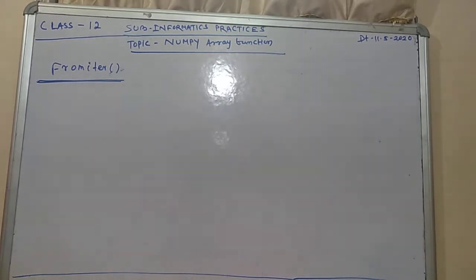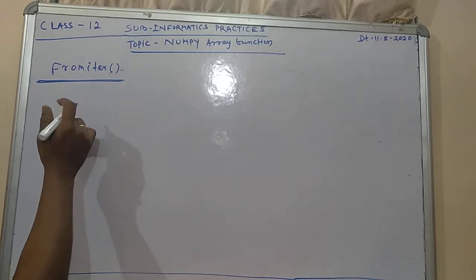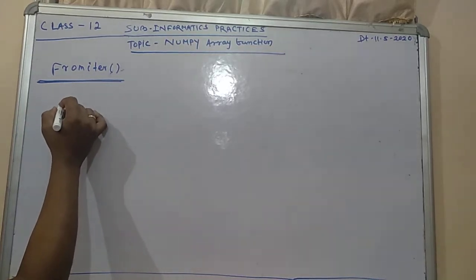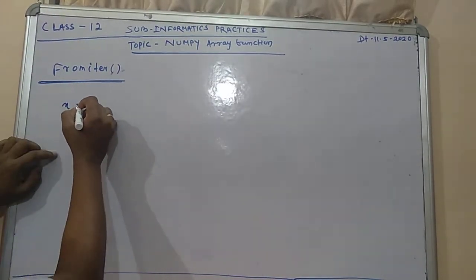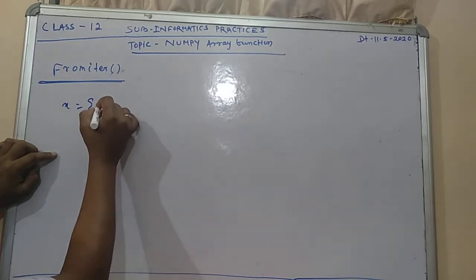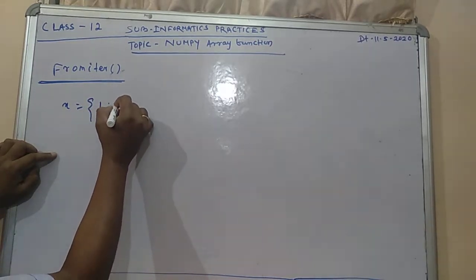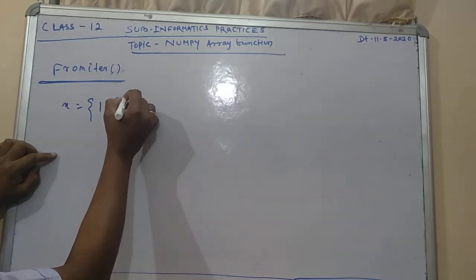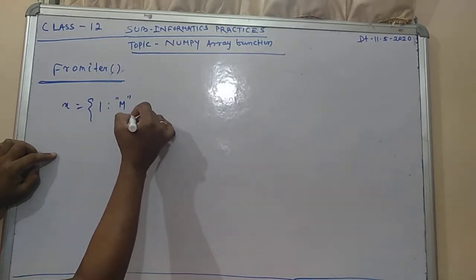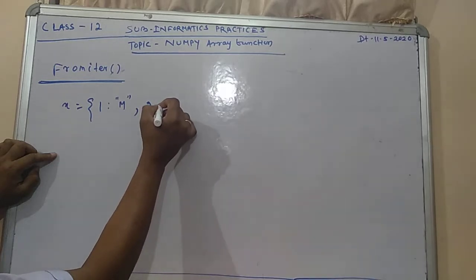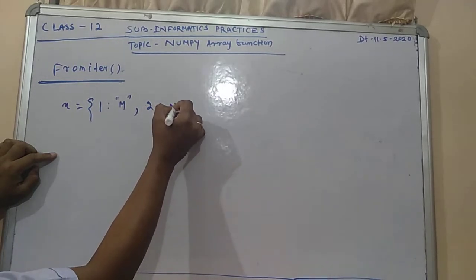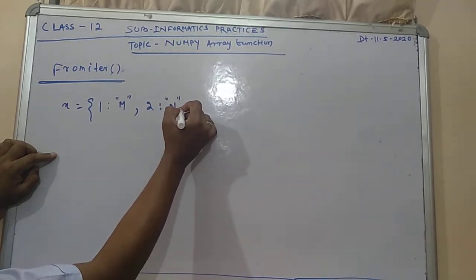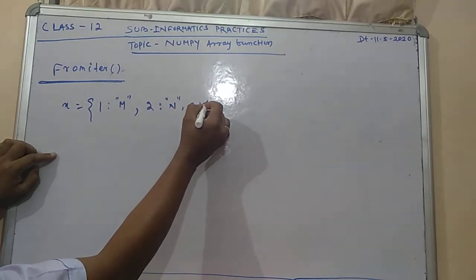For example, suppose we are using a dictionary. So 2 to 3 examples you can see here. I'm directly writing x equal to, suppose a dictionary, 1, suppose it will be m, that you can find from the notes also, this type of question, 2, n, 3, 4.